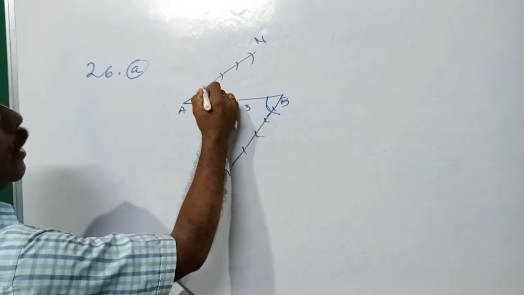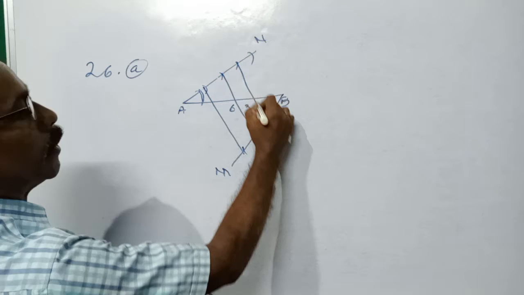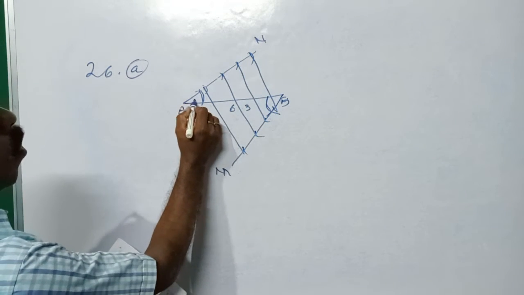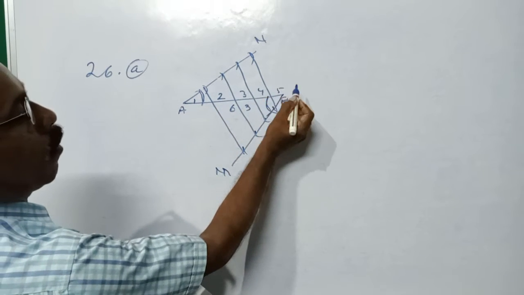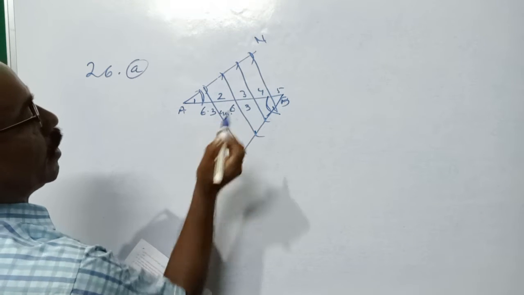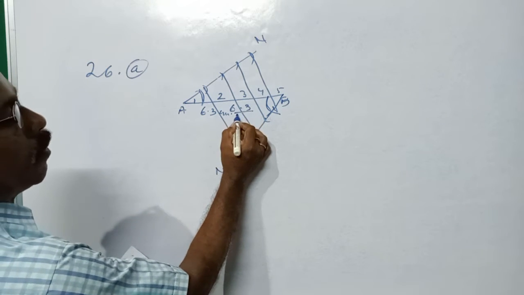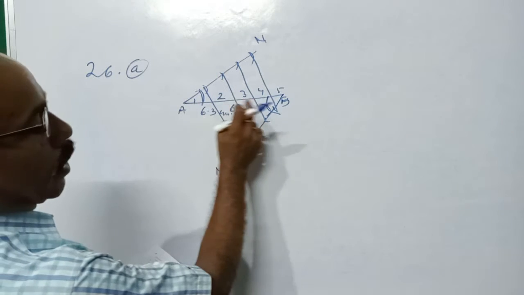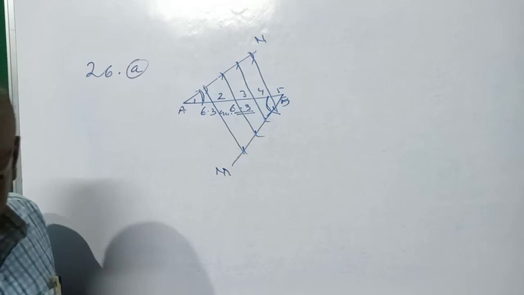Now we also connect this and this. So 1, 2, 3, 4 and 5 equal parts of the given 6.3 cm line segment. The 6.3 cm line segment is divided into 5 equal parts. Am I clear?